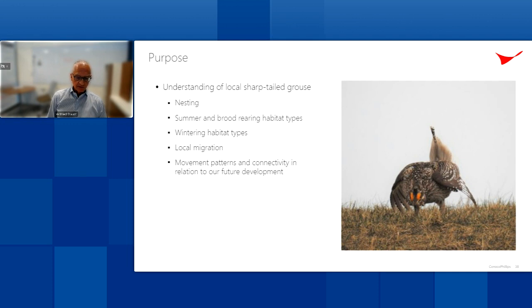Now, there are several oil and gas wells being completed in the general area, and more proposed in future development phases. So identifying and mapping the critical seasonal habitats and understanding local migration and movement patterns will better enable us to avoid, minimize, and mitigate potential impacts from our activities on the species.